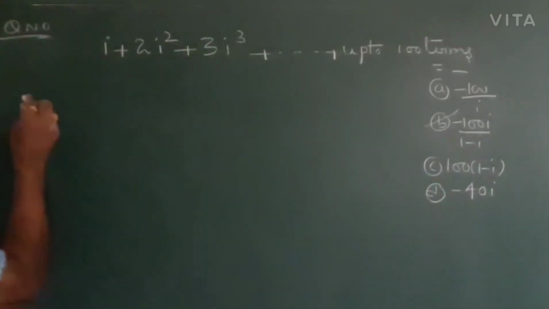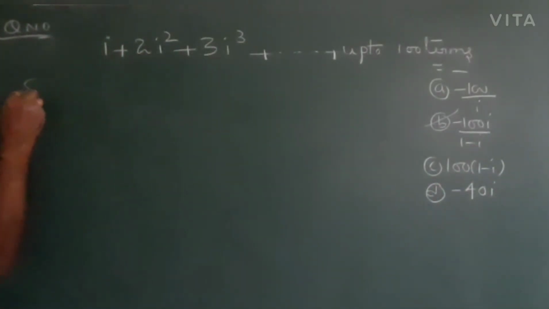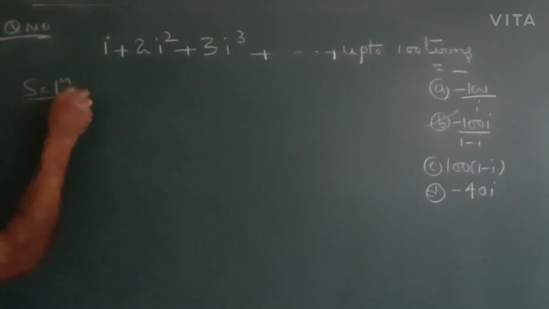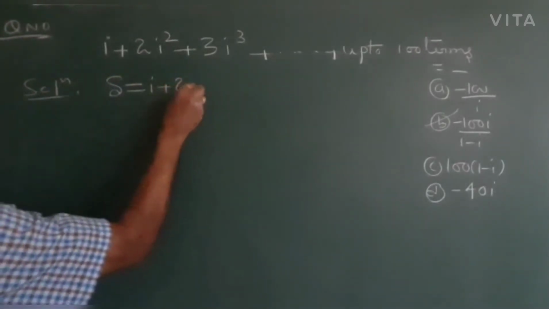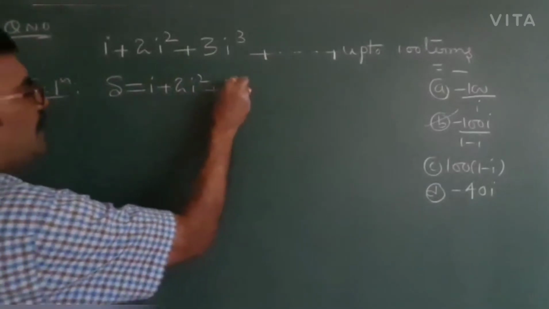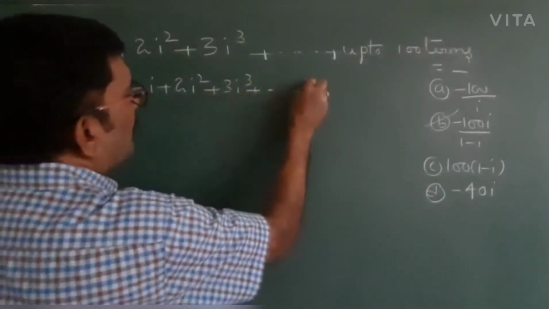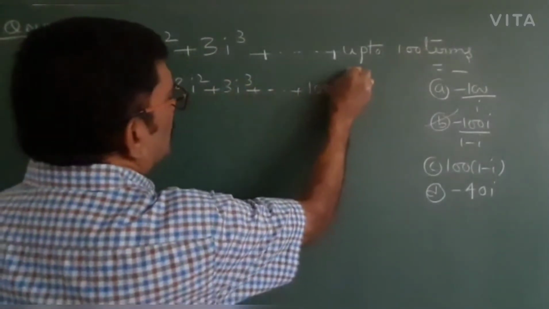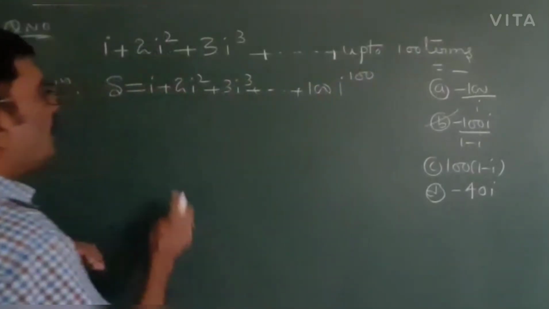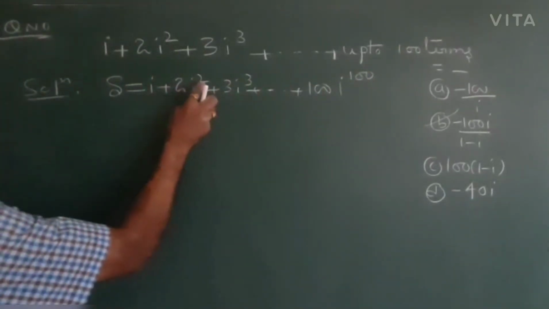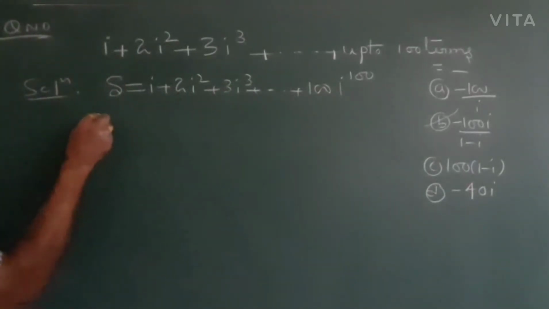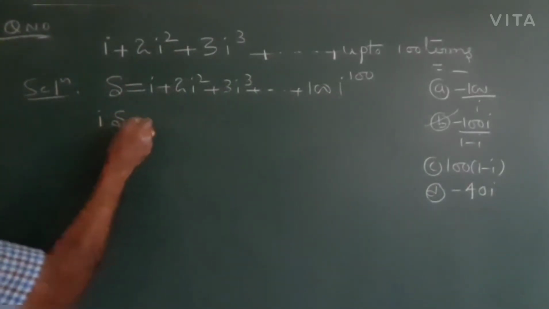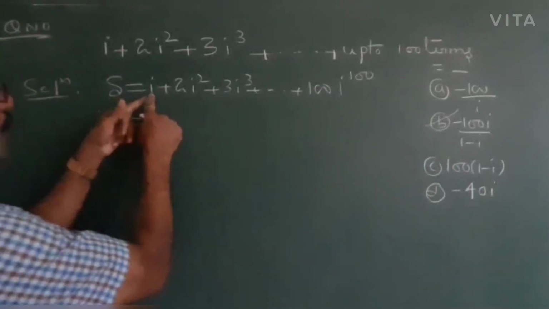Now what I do is, I take S as the given series, that is i plus 2i square plus 3i cube and so on, up to 100 into i power 100. Then I multiply with i, leaving one term gap.